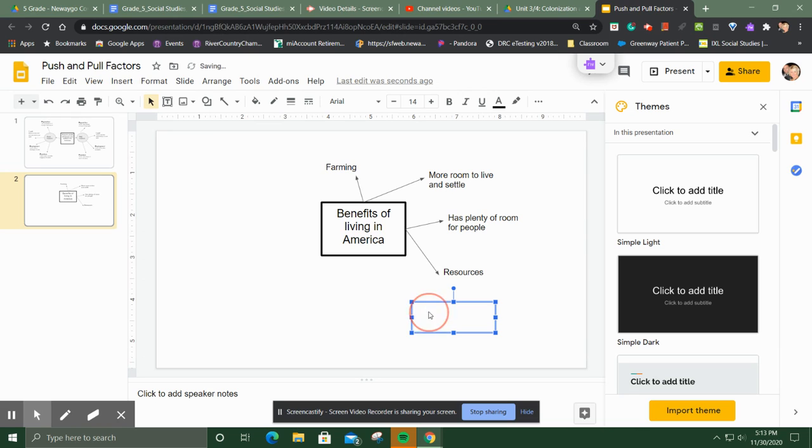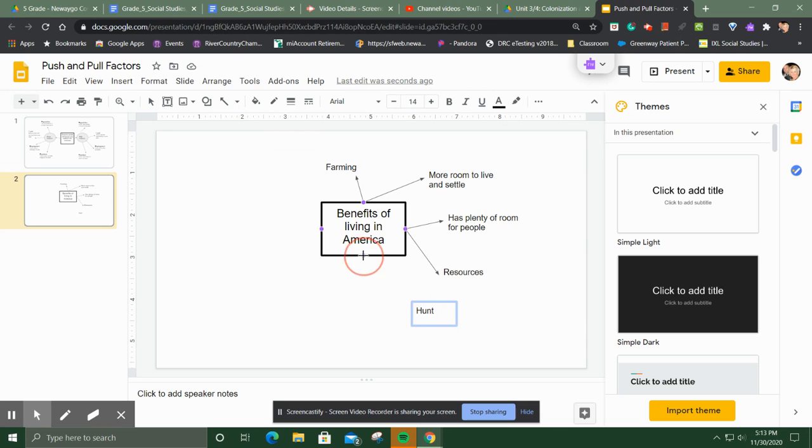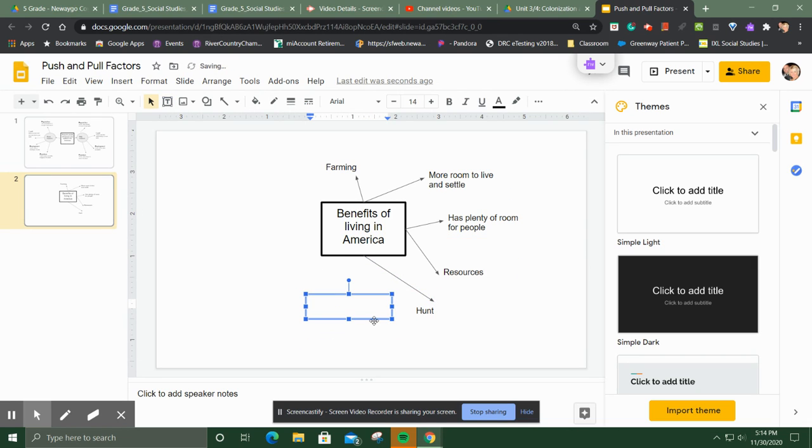There's opportunity to hunt. The settlers could hunt and get their food. And again, in Europe, there was not much land, so they could not easily find land to hunt on. Another reason is America was not ruled by a king.